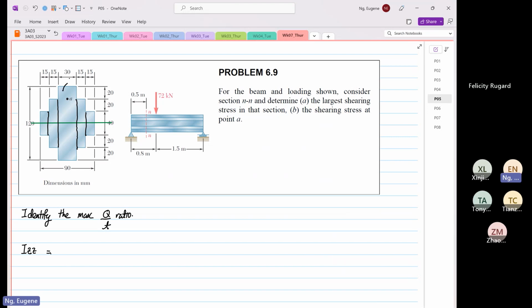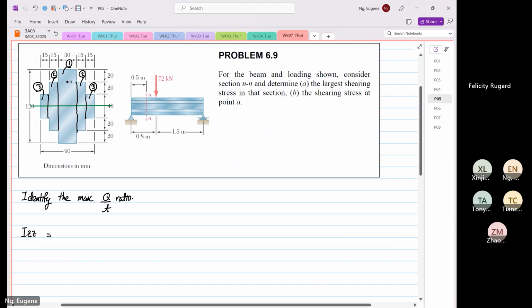So this is my section 1, section 2, and this is my section 3. I did not do the subtraction way because this is just addition. The subtraction way, you have to be really, really careful. When I do it this way, it's just bd cube over 12, bd cube over 12, bd cube over 12.